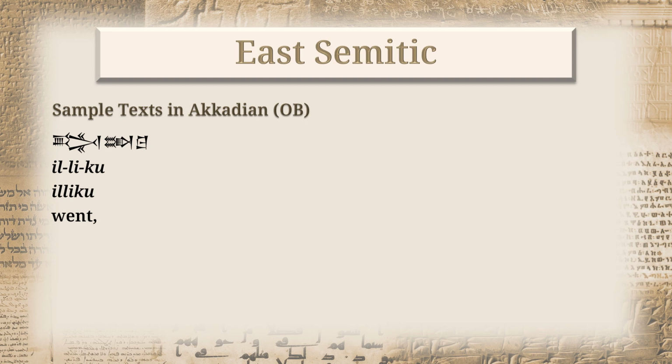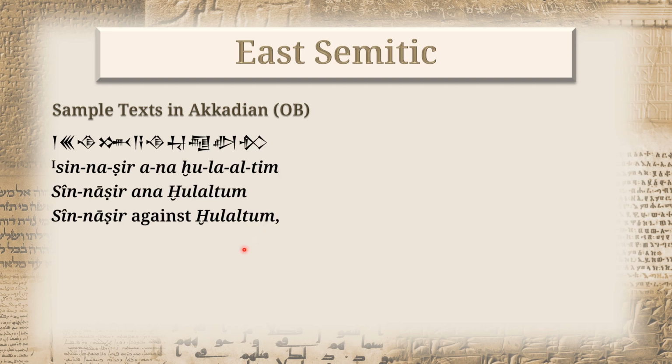So to die is often expressed as go to one's destiny. And then what happened? Tsin natsir ana chulaltum. Oh, and again, sorry, made a mistake here, because in the text it's ana chulaltim, the name is inflected.